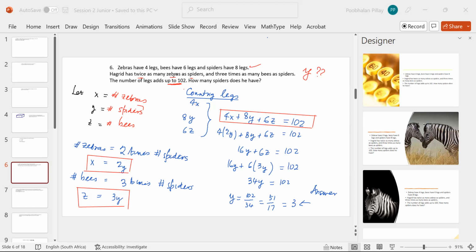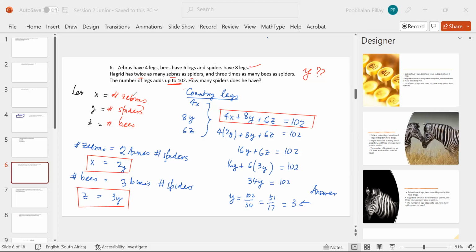I'm sorry, not twice as many zebras as spiders, she's got more zebras. Sorry about that. So the number of zebras is equal to 2 times the number of spiders. That's what's given there.